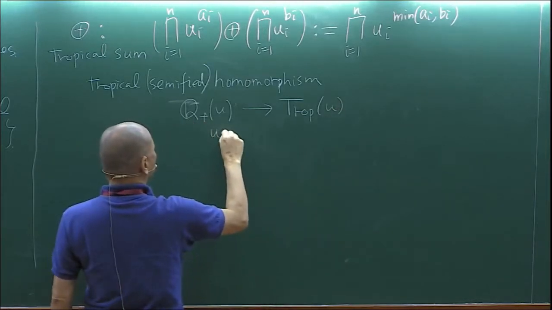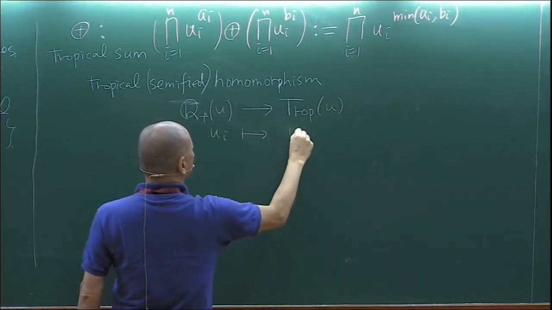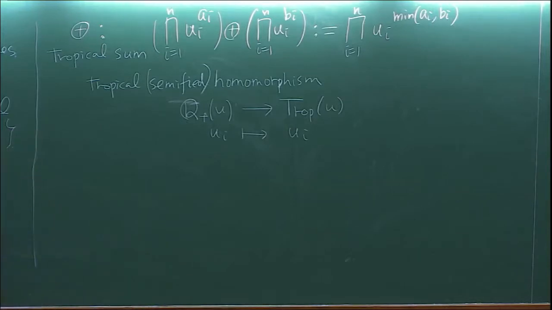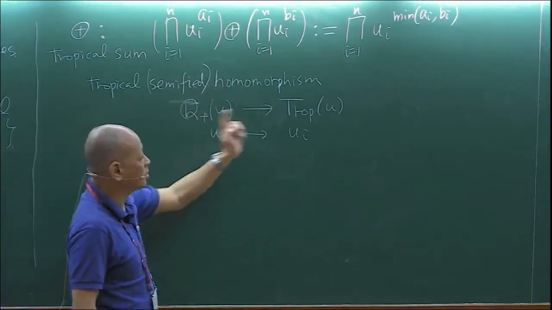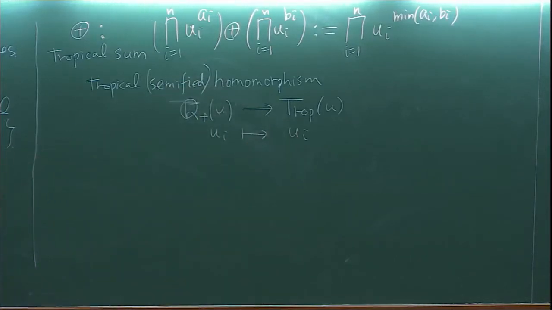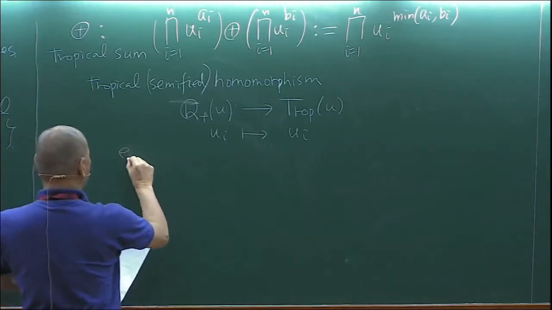It is just described by the following: one, then otherwise, then the semifield homomorphism automatically determines everything. And I give you some example to get a feeling of this map.